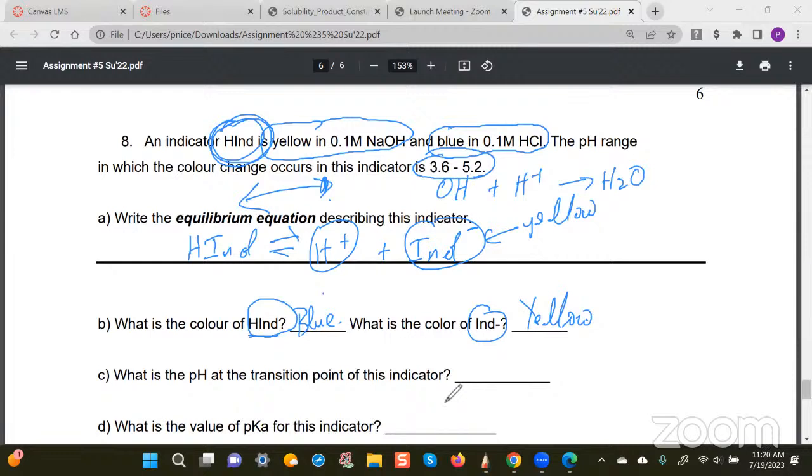Now remember, the range that is given is the range over which the color change occurs, right? So it's going to be acidic below 3.6, which means that the solution will be blue. And then from 3.6 to 5.2, there'll be a changeover from blue to yellow, all right? So by the time you get beyond 5.2, the color of the indicator will be yellow. So the question is asking, what is the pH at the transition point?